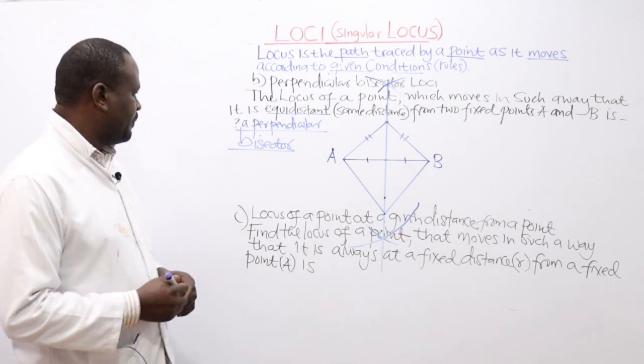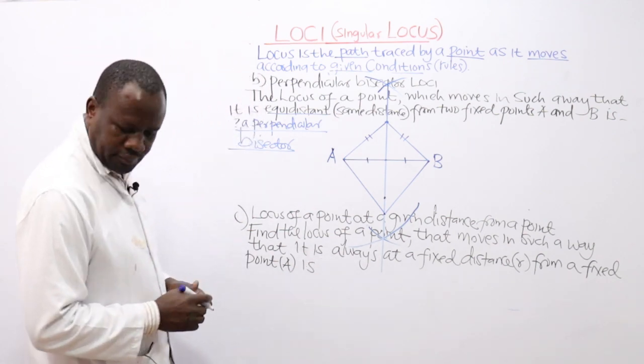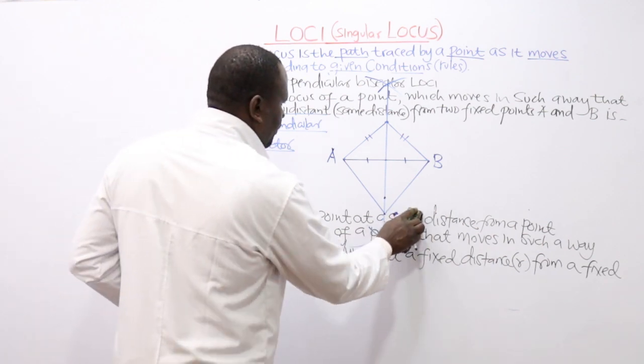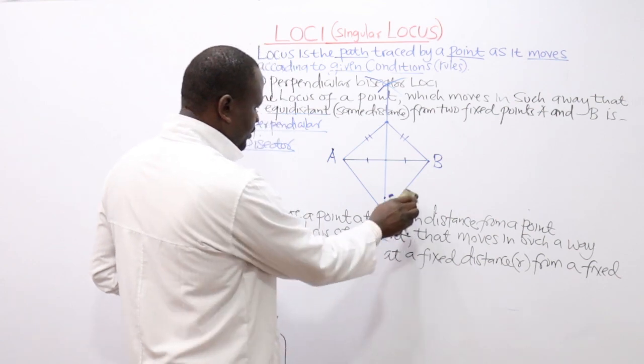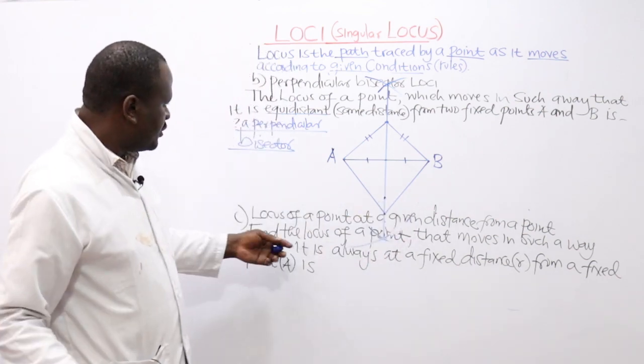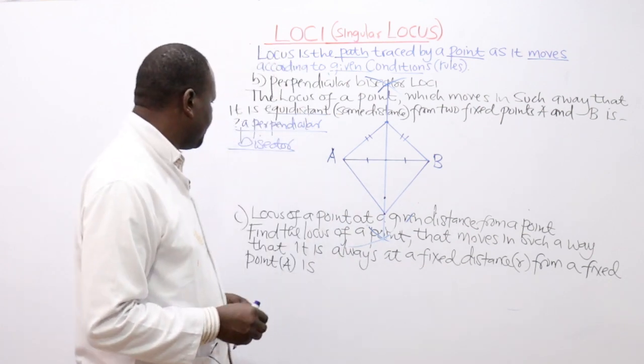Now, in point C, locus of a point. I drew this because of space. Locus of a point at a given distance from a point.